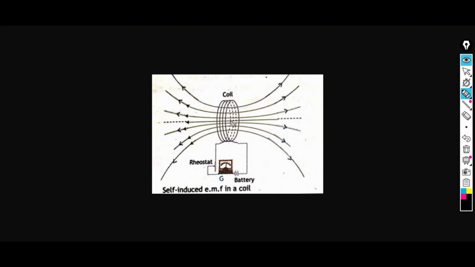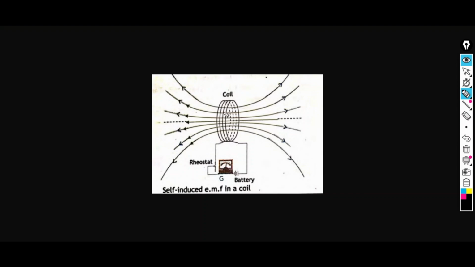Then according to Faraday's law of electromagnetic induction, the change in magnetic flux will lead to the electromotive force. So the EMF will be induced inside this coil due to that change in magnetic flux, and we call that a self-induced EMF.